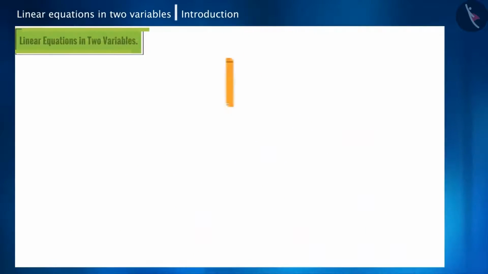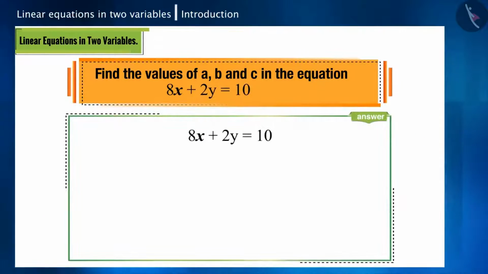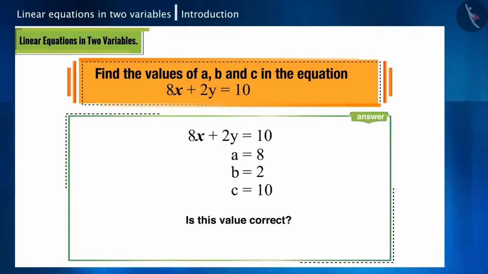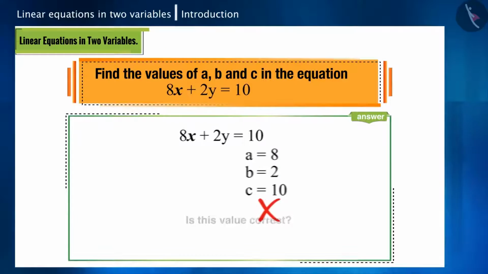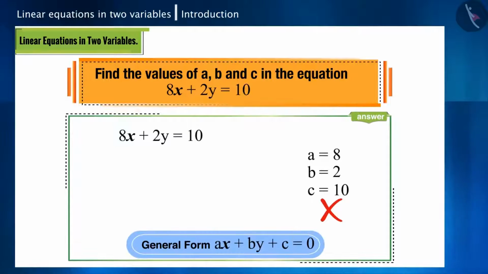Now, let's take another question. Find the values of a, b and c in the equation 8x plus 2y is equal to 10. Here, a is equal to 8, b is equal to 2 and c is equal to 10. Is this value correct? No. Because first we will have to check whether this equation is in general form or not.